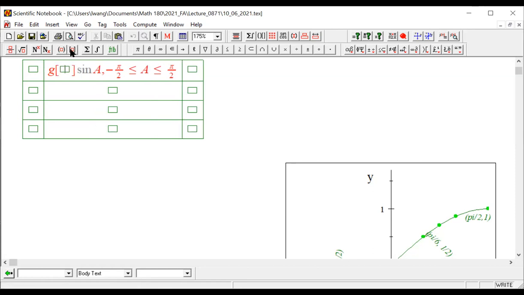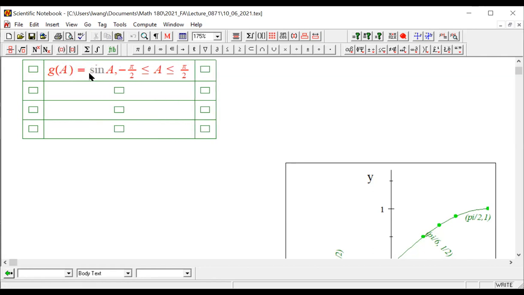G function. You can write G of X, it doesn't matter. If you change it to X, everything just changes to X. I leave it as A for one reason only: I want to emphasize the input are angles and the output are ratios.